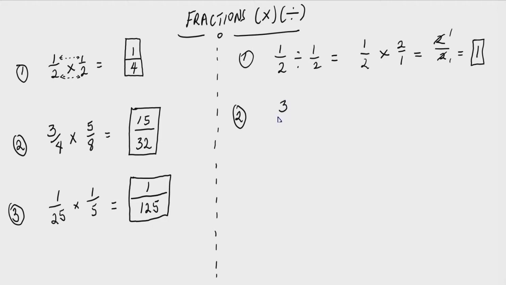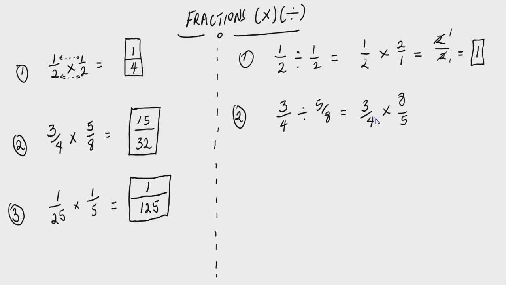The second one is 3 over 4 divided by 5 over 8. Likewise, change the sign and flip it over. For simplicity's sake, I'm going to divide through by 4, because these are multiplications, and it's better to divide before you multiply, because you'll have larger numbers to deal with.